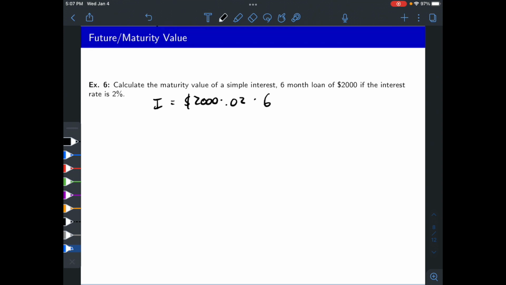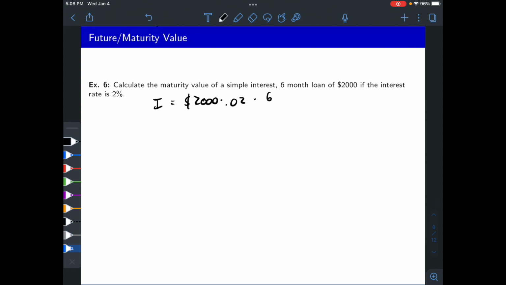And then, okay, it's a little tricky because I said it's a 6-month loan and the interest rate is 2%. I'm not saying whether this is 2% per year or 2% per month. If it's not specified, it's usually in years. So we don't want to multiply by 6 here.